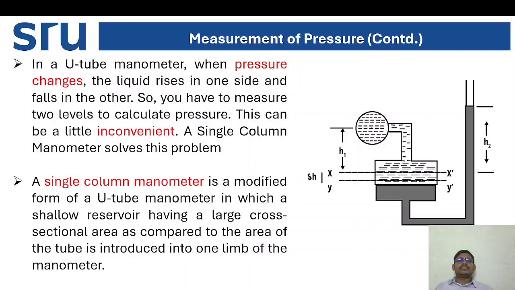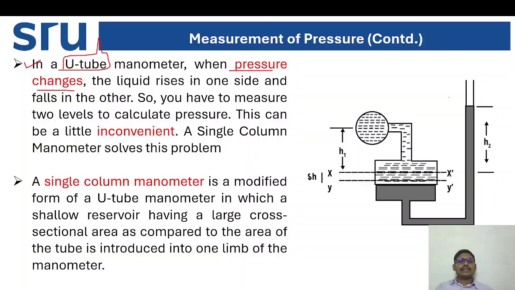Now, measurement of pressure in a U-tube manometer: when pressure changes, the liquid rises on one side and falls on the other side. Particularly, we are going with the U-tube manometer.